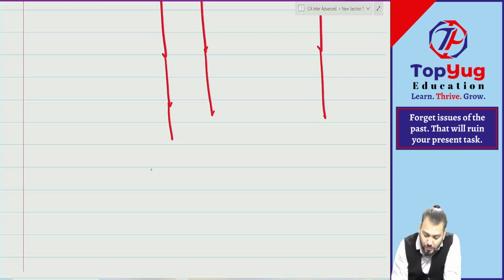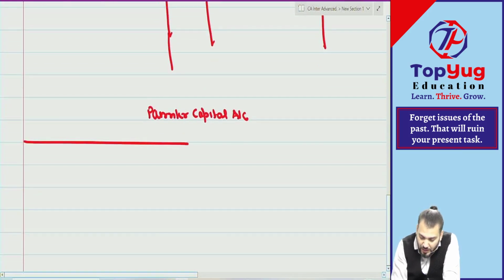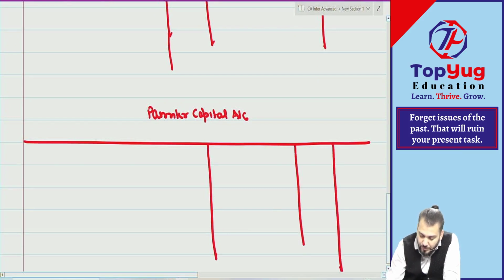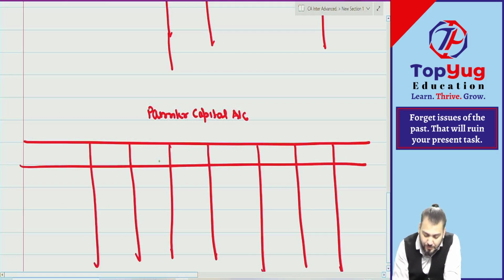Partners capital account. So it means we also need to prepare the partners capital account. How many partners? There are three partners. So how many columns? Three columns. Correct? What are the names of the partners? It is P, Q and R. So what is the opening balance given?